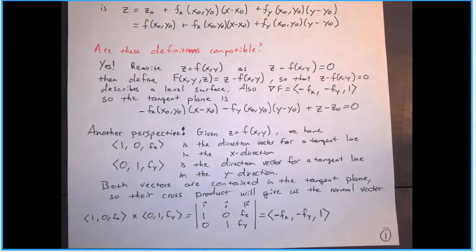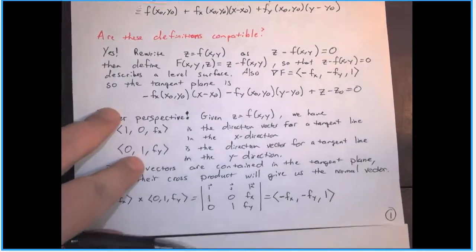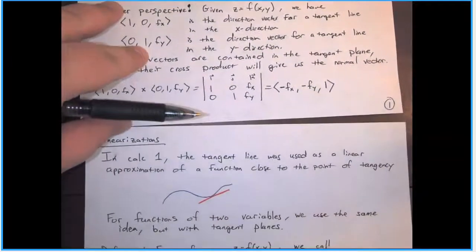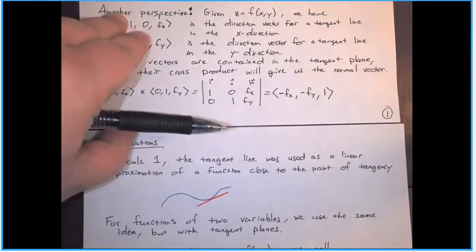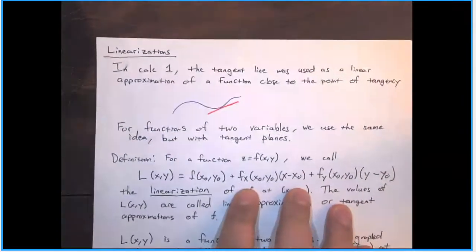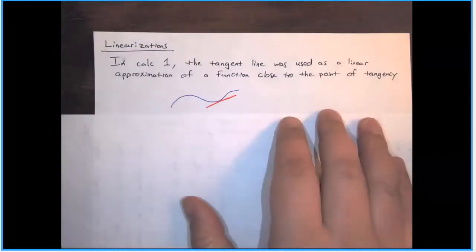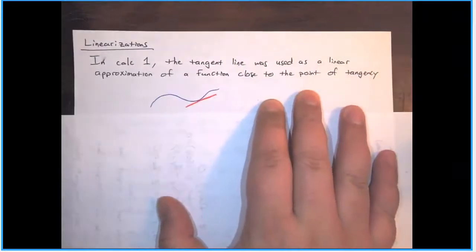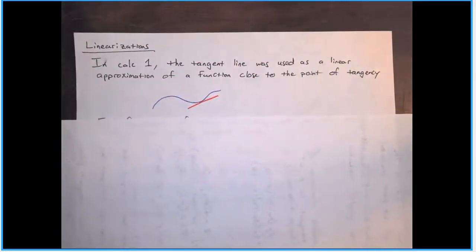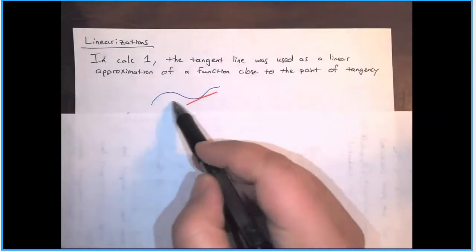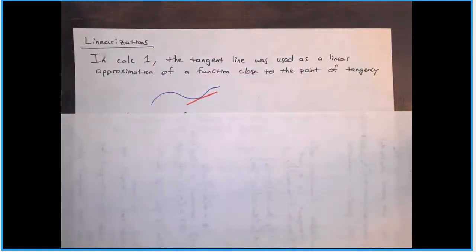And I want to give a different context to these tangent planes. To do that, let's go back to Calc 1 for a second. In Calc 1, we know we have a function of 1 variable. We graph it, it gives us some curve in the xy plane.